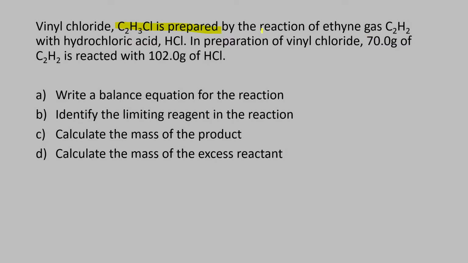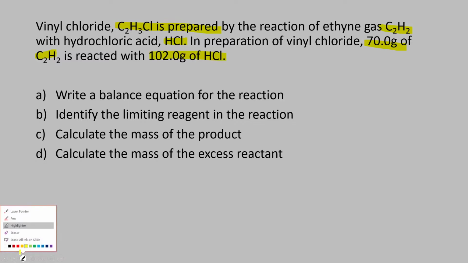So in the preparation of vinyl chloride, we have 70 grams of C2H2 reacted with 102 grams of HCl.